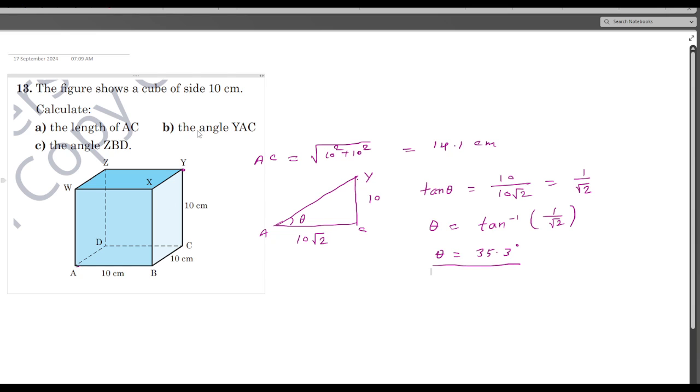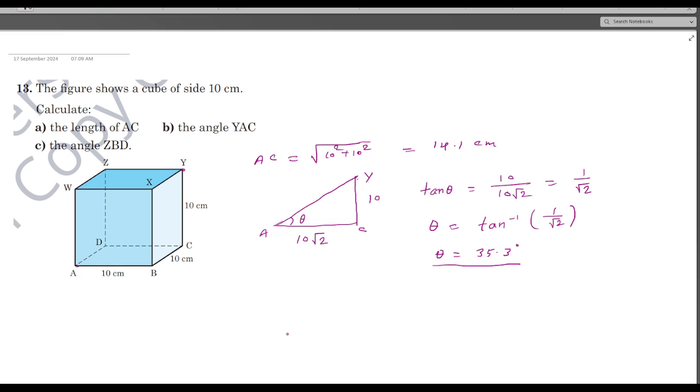Okay. The angle ZBD. ZBD is going to be the same, as your BD length is going to be the same as your AC length. It does not look like that, but the diagonals of a square are the same.